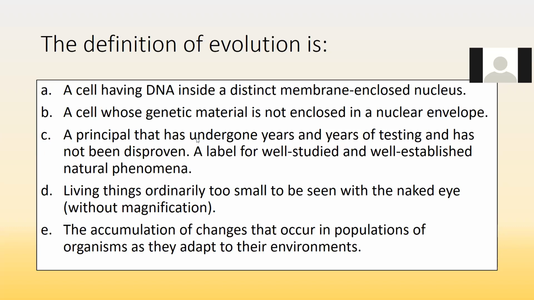So if you pick C, it's because you were thinking theory and the theory of evolution. The question was asking about evolution, not theories, but it's understandable to not have those two separated at this point. So don't feel bad if you pick C. Not a problem. This is practice.